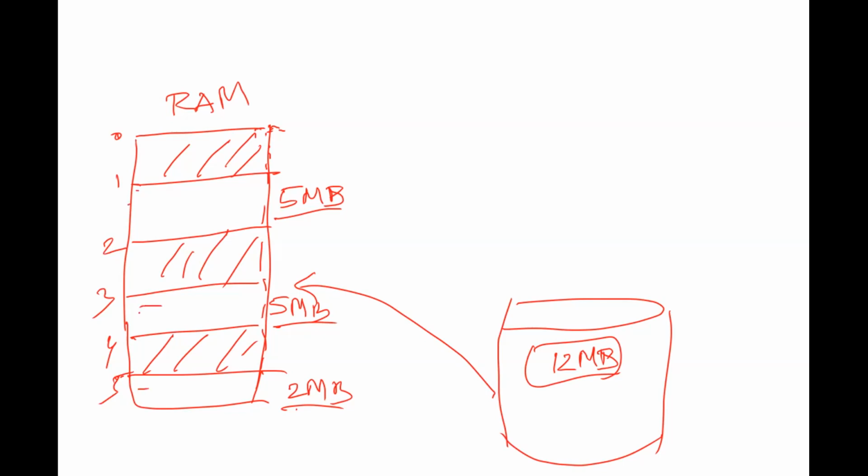We cannot fit this process even though 12 MB of free space is available inside your RAM, because you are using contiguous memory allocation. In this type, all 12 MB should be in a contiguous location.